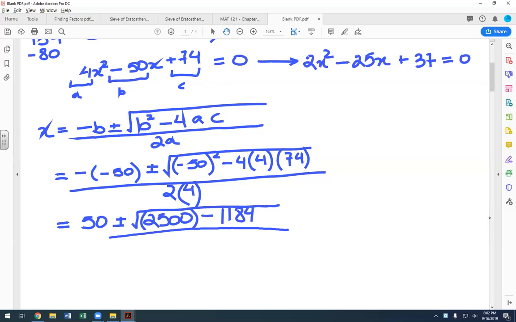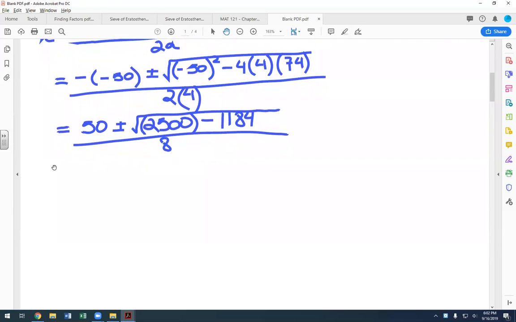And then of course we will have 8 on the bottom. So 2,500 minus 1,184. 1,316.